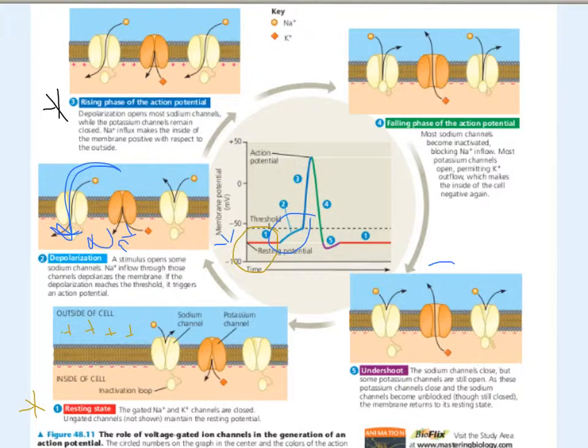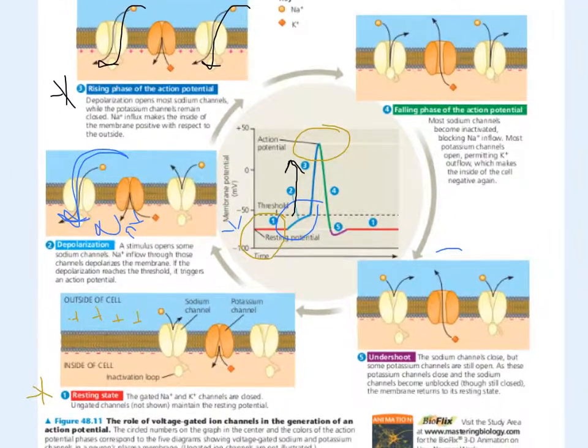And that is going to cause more sodium channels to open and more sodium is going to flood in, which is then going to make our potential go even higher in the positive till we finally get to what we're looking for, and that is our action potential. Our action potential says, okay, we're on. And once we're on, that's where the signal is sent.